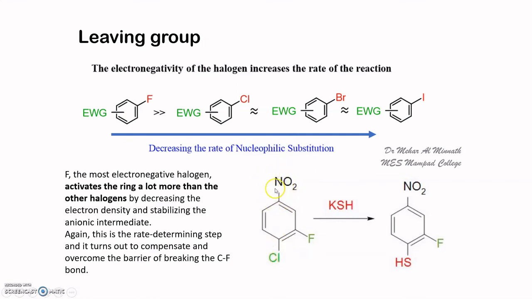The electron withdrawing group is para to the chlorine, so chlorine will be replaced, not fluorine, even though fluorine is a good leaving group. So the position of the electron withdrawing group relative to the leaving group is a more contributing factor than the nature of the leaving group. You can use this example to illustrate that.